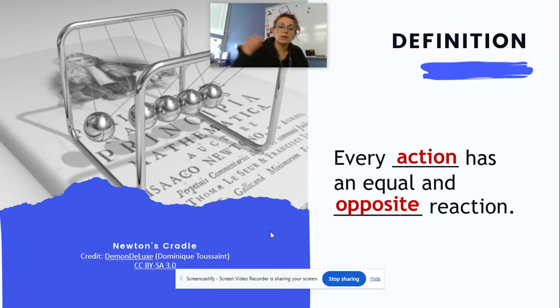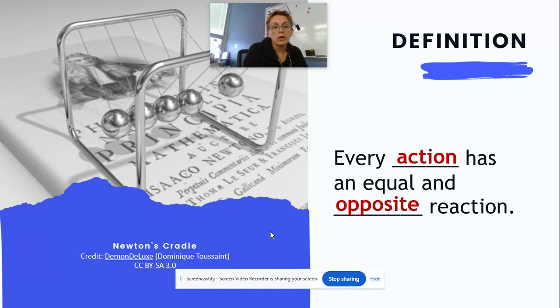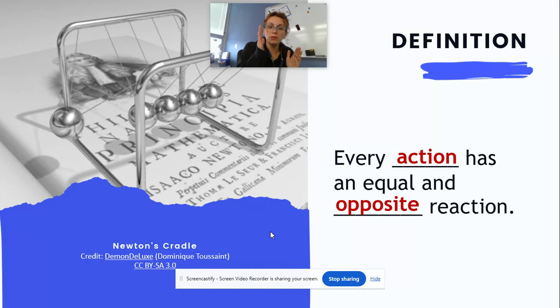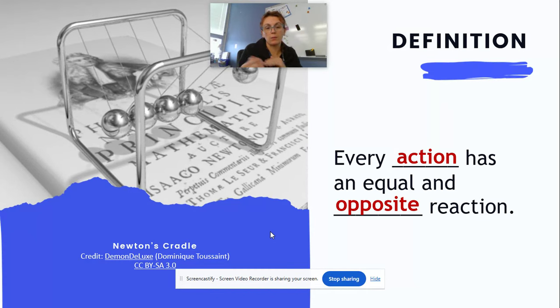So as it transfers the momentum, it is going to push that marble back out to the side, and it continues forever and ever. So Newton's third law is really about having a mirror. As one thing does something, the other thing is mirroring it back in the opposite direction.